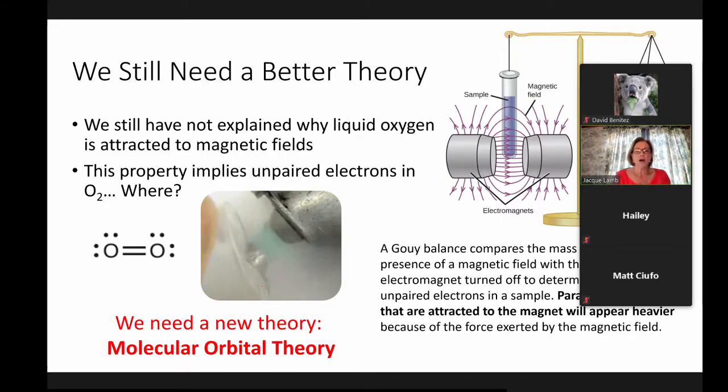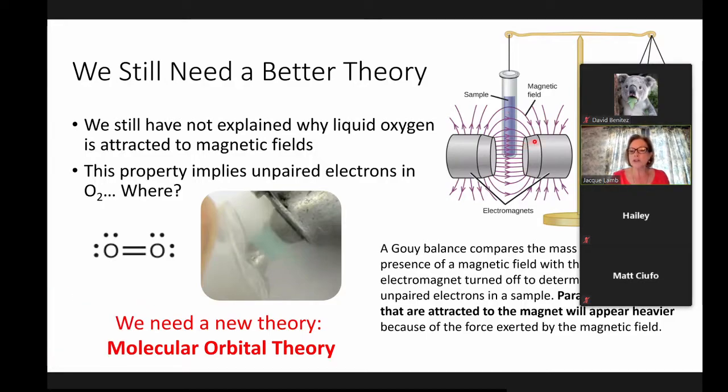When you have unpaired electrons, those unpaired electrons will generate a magnetic character to an atom or a molecule. And we can see that if we use a Gouy balance, and let me talk a little bit about the way this Gouy balance works. If you measure the mass of a sample, we have a sample in here, and we measure it.